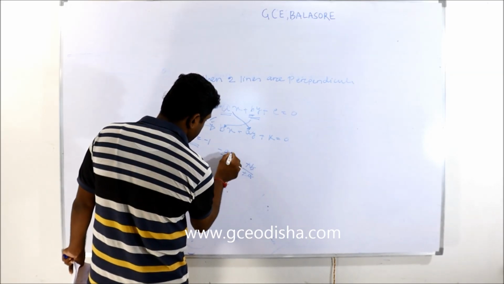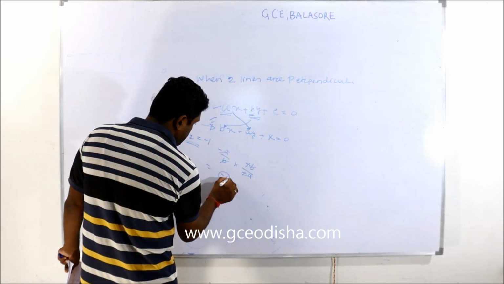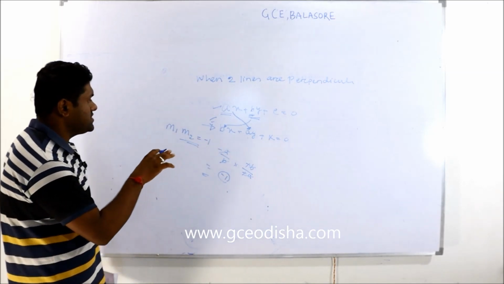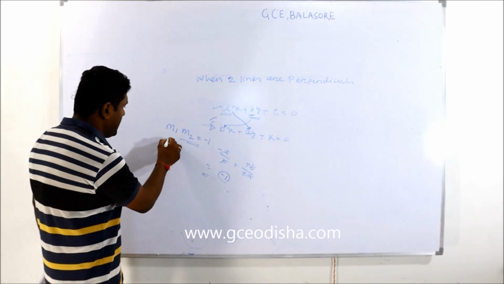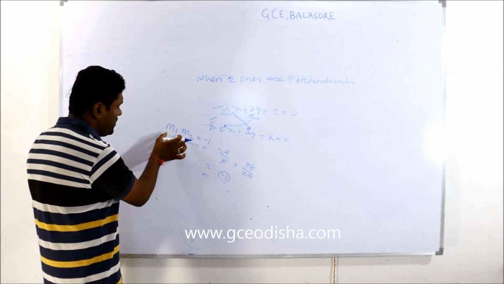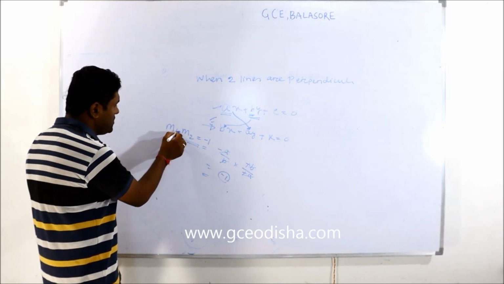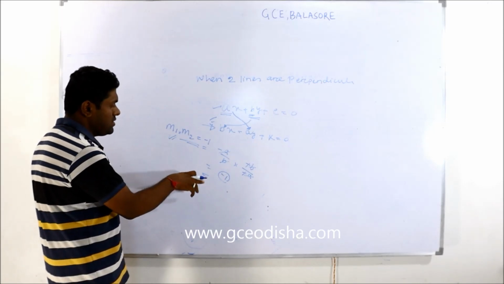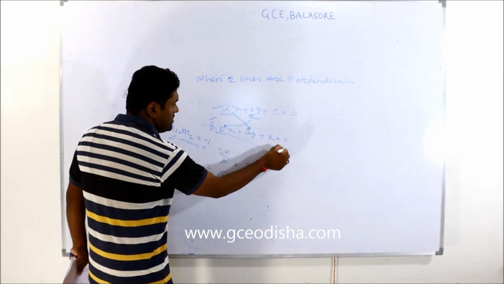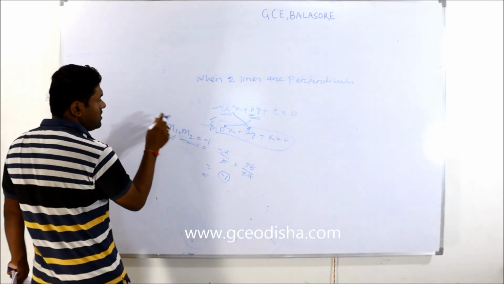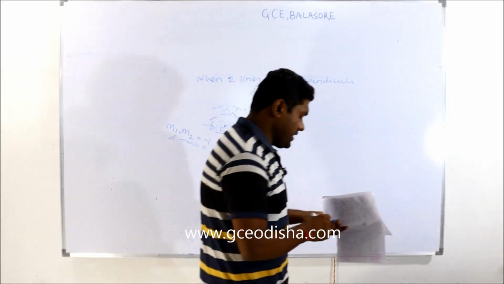The b cancels and a cancels, and this comes to -1. So this process is right. When you multiply the slopes of the two lines and it comes to -1, then the two lines are perpendicular. The easiest way to remember: just interchange the coefficients with a negative sign on the y.